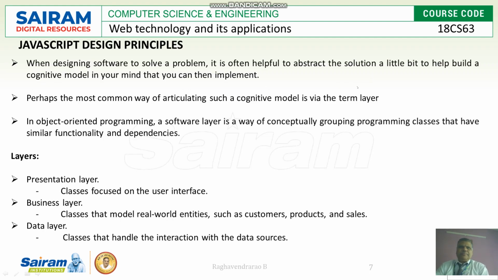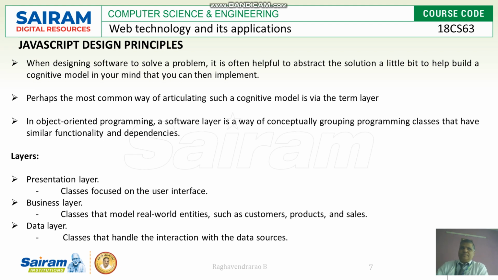Now we will look at some design principles of JavaScript. When designing software to solve a particular problem, we have abstract solutions, which form a cognitive model in your mind of what exactly is going to be done.